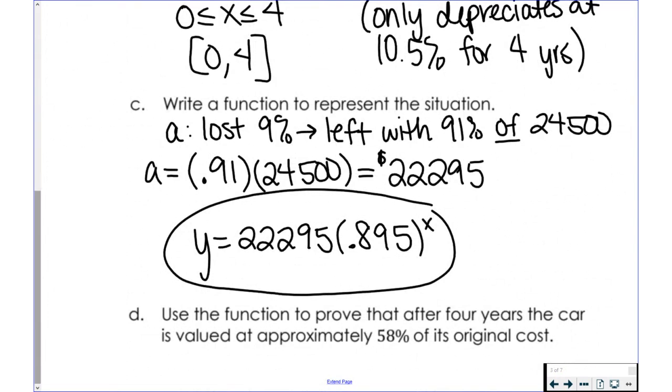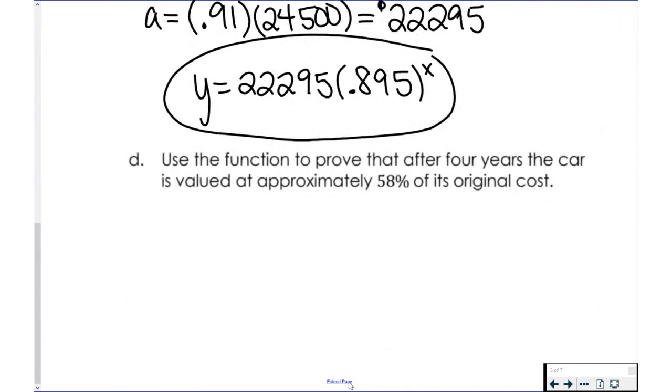The last thing we're going to do is use this function that I just circled to prove that after 4 years, the car is valued at approximately 58% of its original cost.